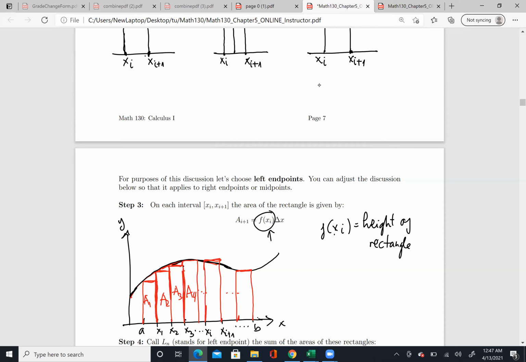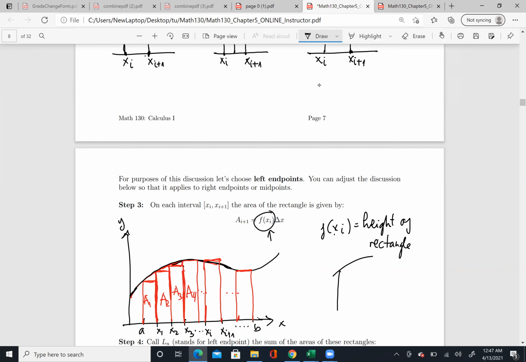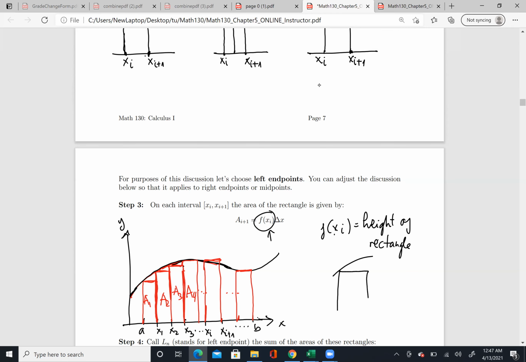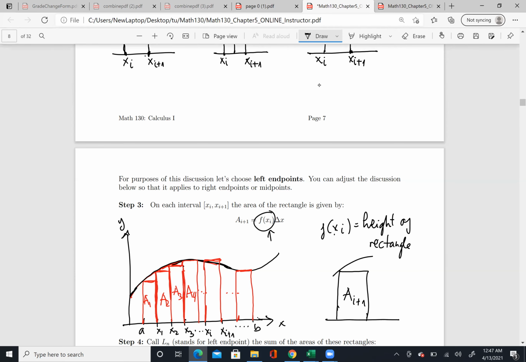You can see that, say this one is A_{i+1}, something like that.